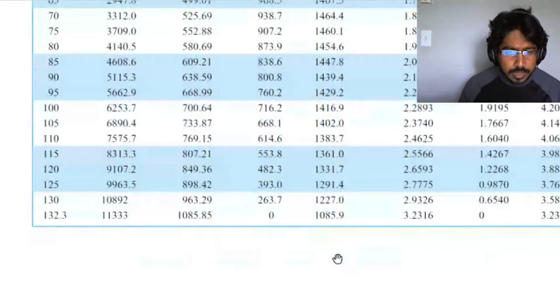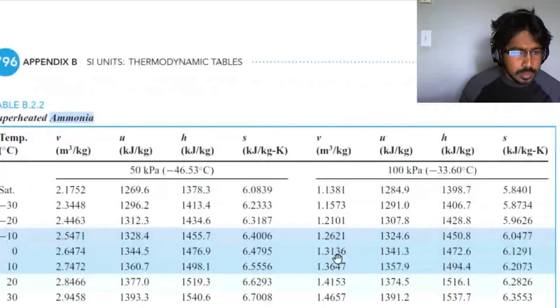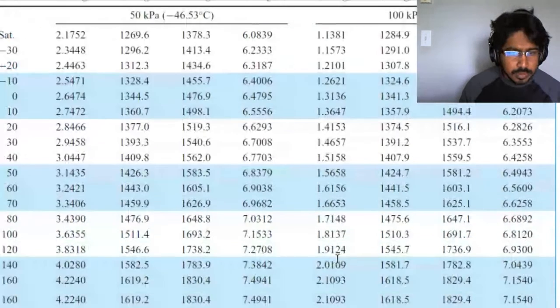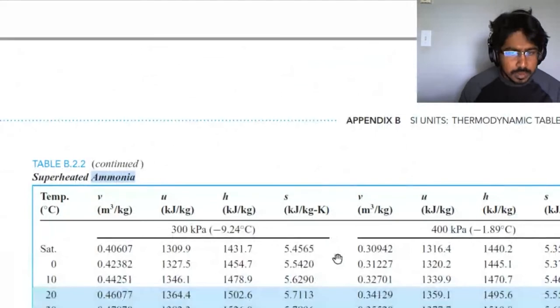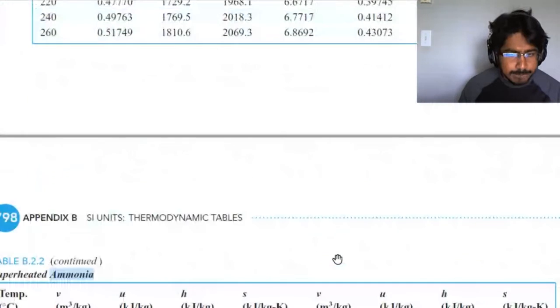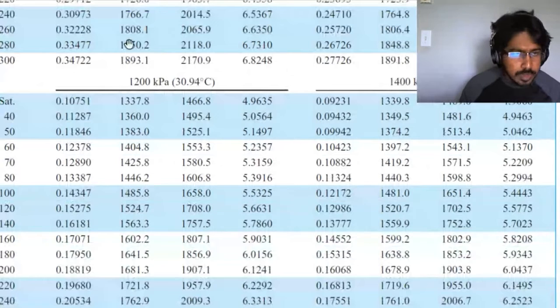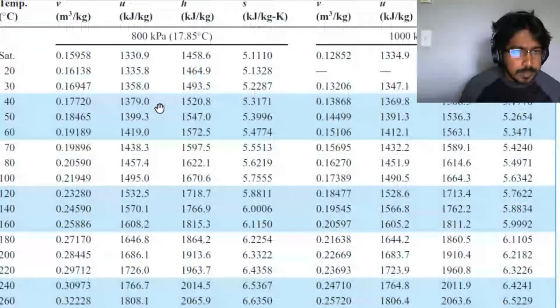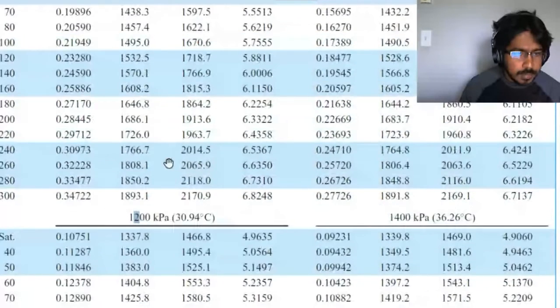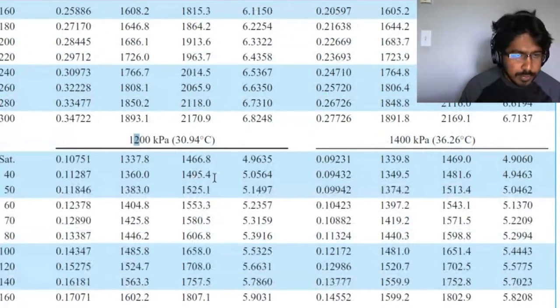So now we go into the superheated tables. Superheated ammonia, 1200 kilopascals. We look for the pressure. Okay, now we are at 1200 kilopascals. The pressure is good. Now we need to find enthalpy. The third column is enthalpy. So 1495. Okay, perfect.